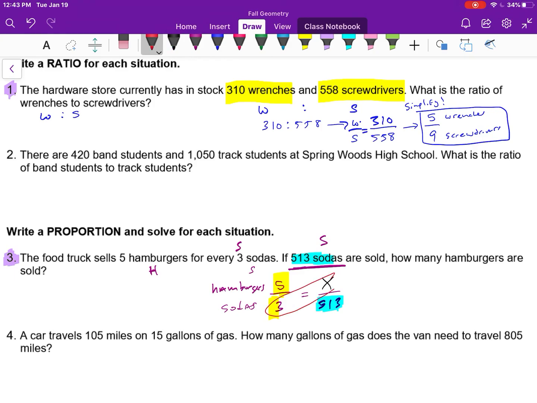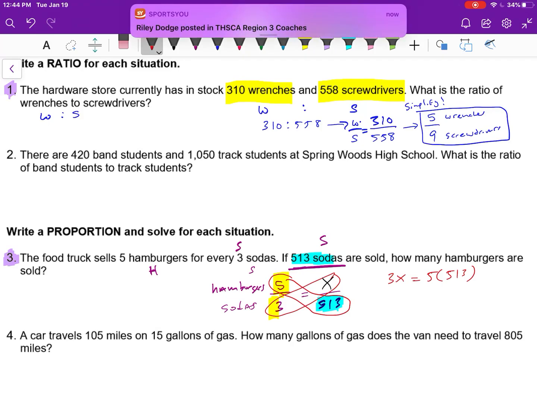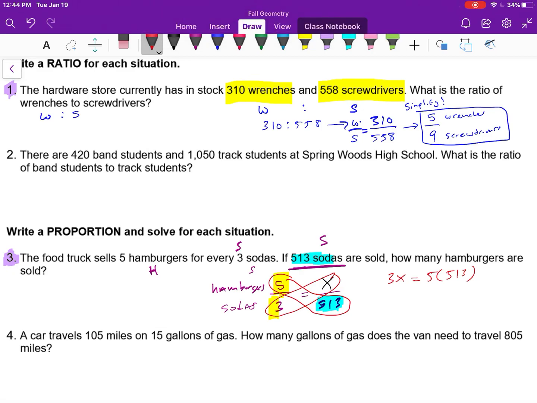So 3 times x gives you 3x. And then you have 5 times 513. Now when you type this into the calculator, let's see what comes out. 513 times 5 gives you 2,565.